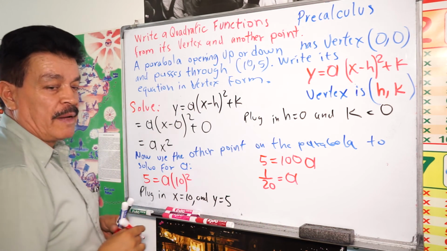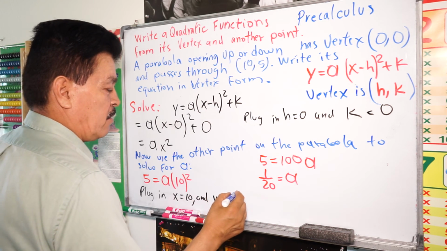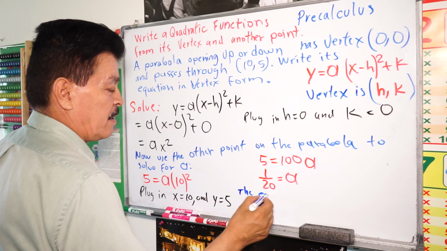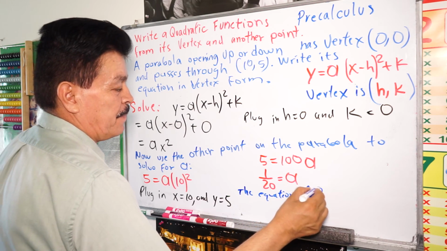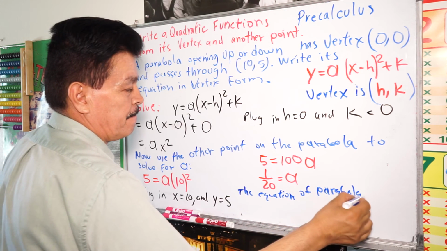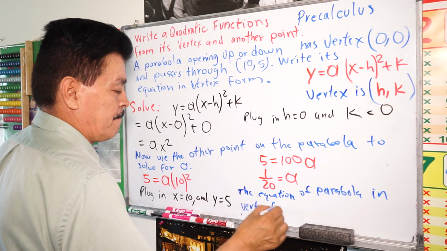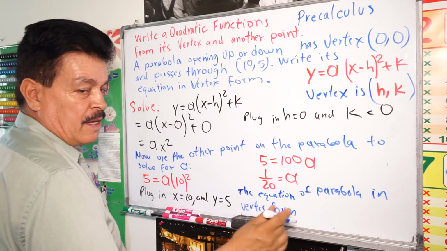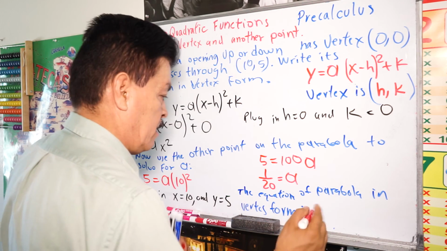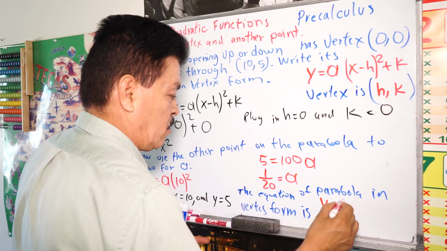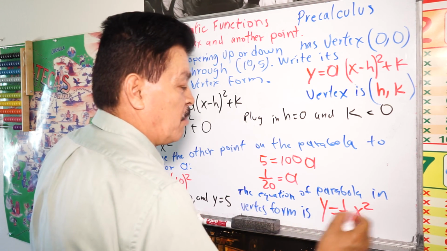So the equation of the parabola in vertex form is y equals 1 over 20 x to the second power.